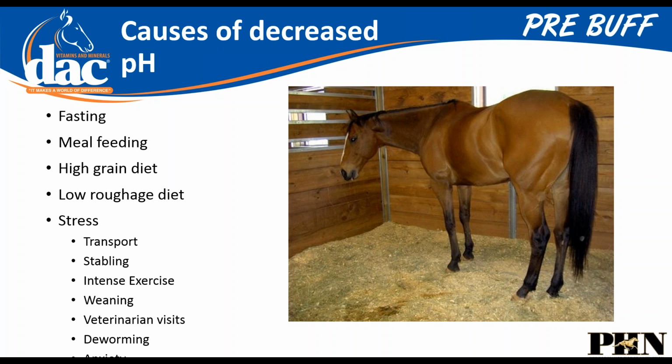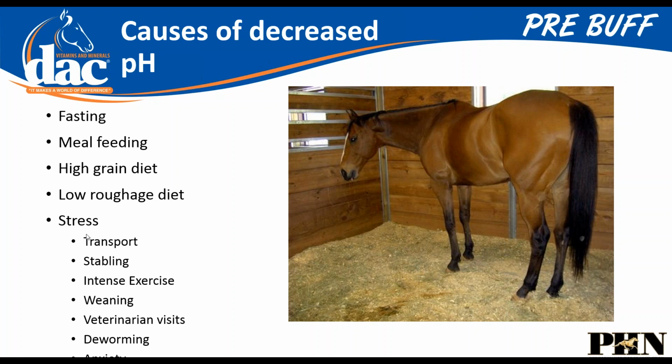Changes in season. Anyone out here on the East Coast knows, we've been changing in our temperatures. We've gone from 80 to 50. I was in New England last week, and on Wednesday it was 96 degrees, and on Thursday it was 41. And with weather changes like that, that can also cause stress, which indirectly also causes an increase in acidity in the horse's gut.